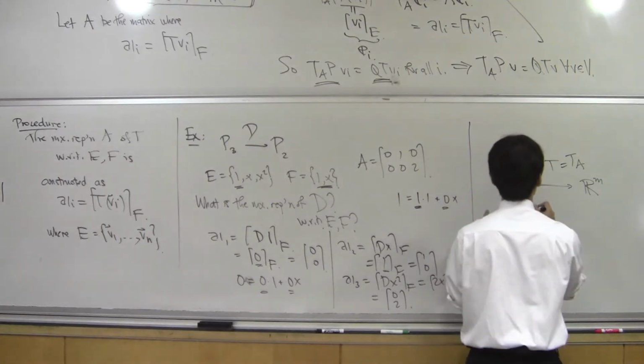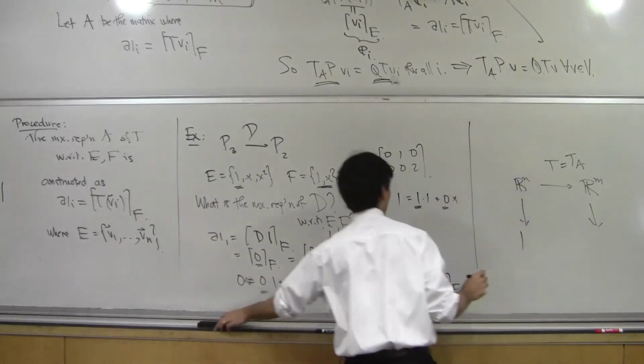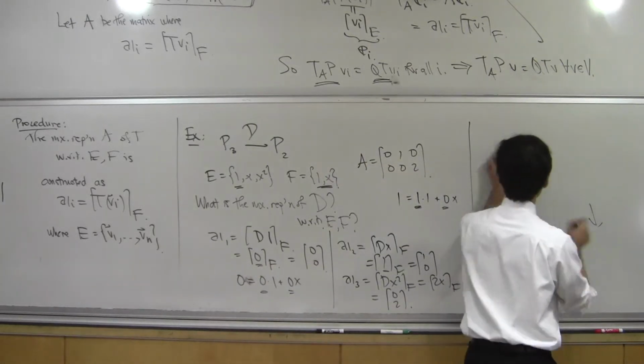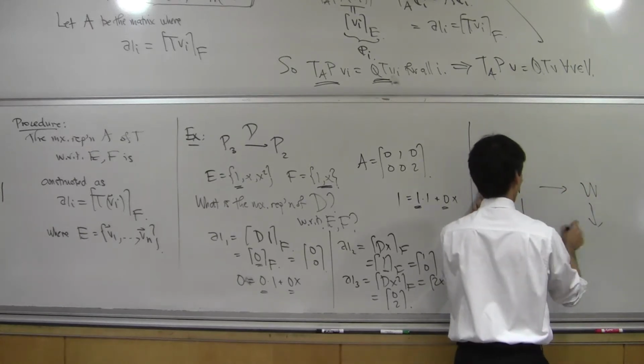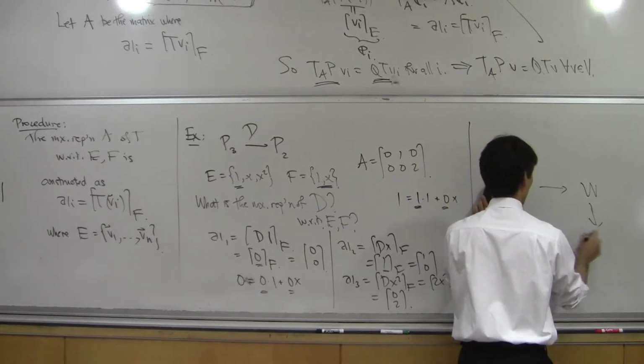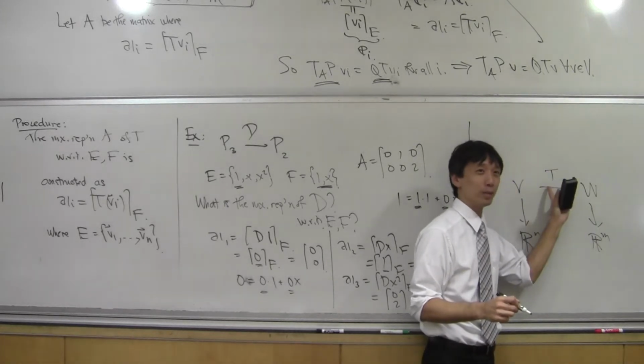Now this time we're going like this. We're saying that you have a vector space, and you have a transformation between abstract vector spaces.